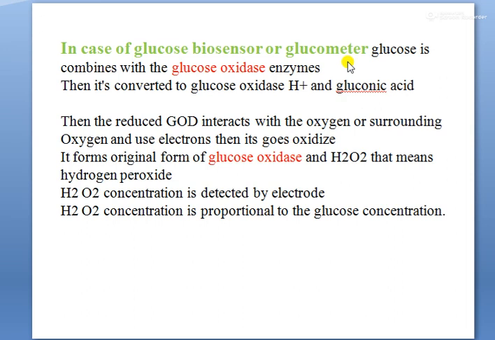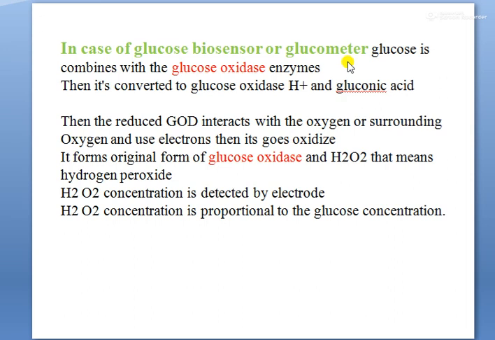That means glucose oxidase is used as the biomolecule or biological molecule in the biosensor. Glucose reacts with the glucose oxidase enzyme and forms H plus ions and gluconic acid.